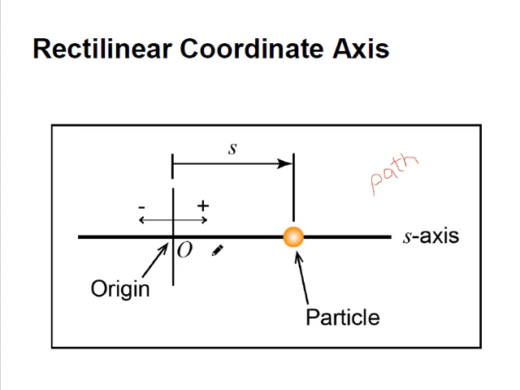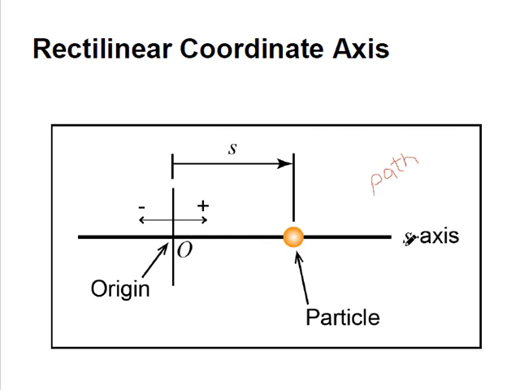Okay, so the distance traveled, meaning this particle has traveled from here to here. First position, suppose it begins from here, we give it 0, we start this, distance is 0, moving to the right.